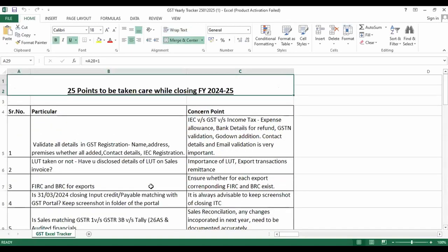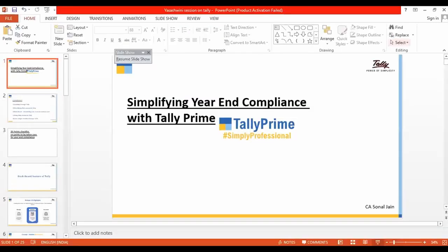So this was all about the 25 point checklist and I hope it will be very useful for all of you in the year end compliance. Now moving on to the tally part. So friends, now moving on to the practical aspect of the session.